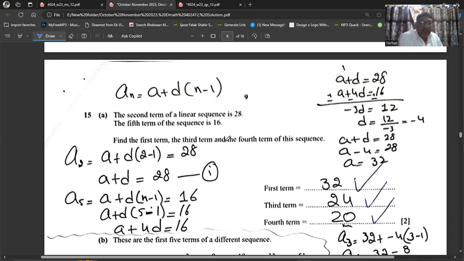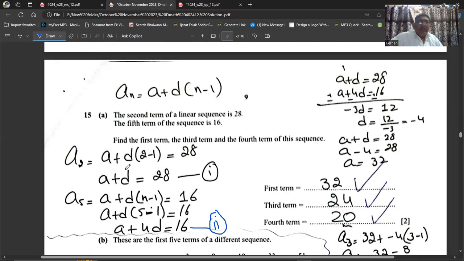Then the fifth term will be a plus d bracket n minus 1 bracket close equals 16. So that will be a plus d bracket 5 minus 1 bracket close equals 16. So that is a plus 4d equals 16. Now you have these two equations.